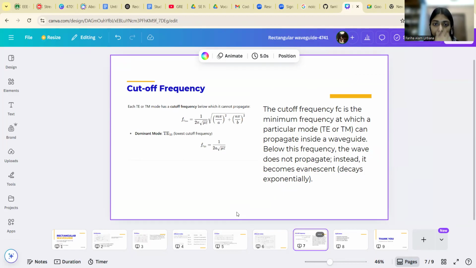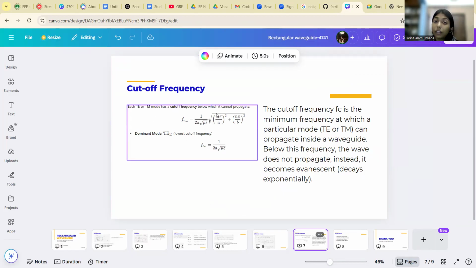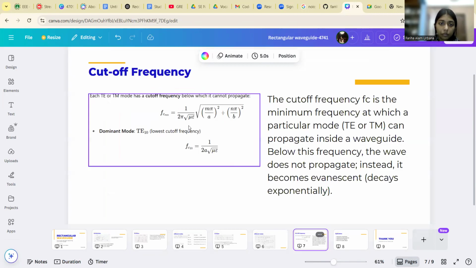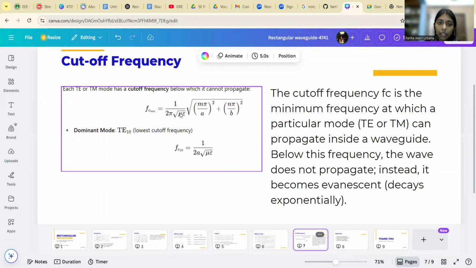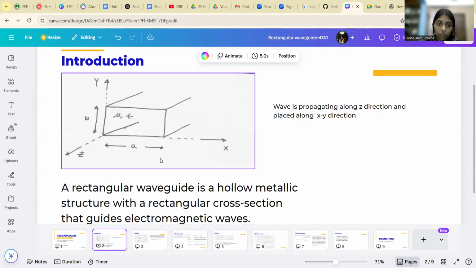So here is the equation of the cutoff frequency for a general case for both TE and TM. f_c,mn equals 1 by 2 pi root mu epsilon, and this is the term. And as I mentioned before, A and B are the width and height of the rectangular waveguide, as shown in this picture.